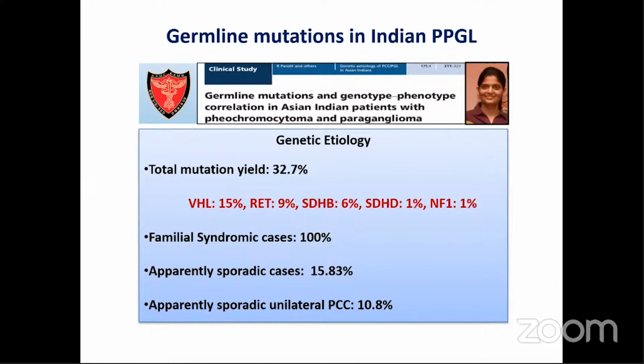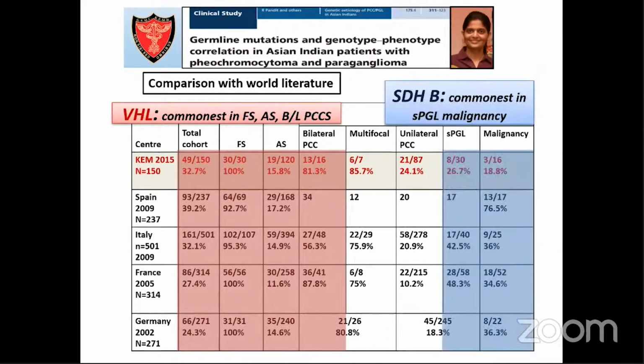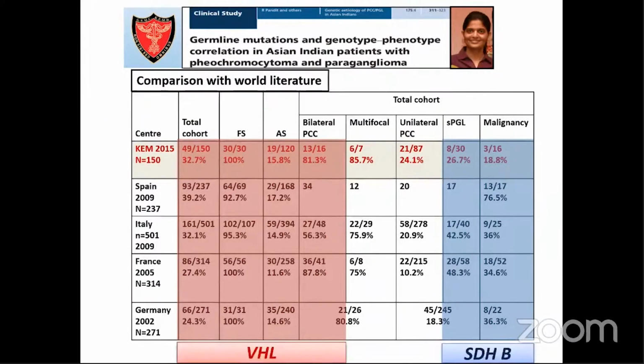When we have an apparently sporadic unilateral PCC, the prevalence was even lower, only around 11%. When we compared our data with the rest of the world, it was similar, VHL being the most common in familial syndromic, as well as in apparently sporadic, as well as bilateral PCC. Whereas in malignancy and among SPGL cohorts, SDHB was the most common. And this matched the rest of the world's literature.